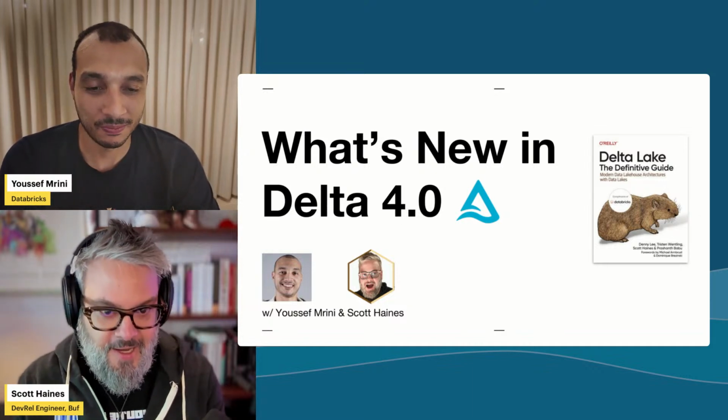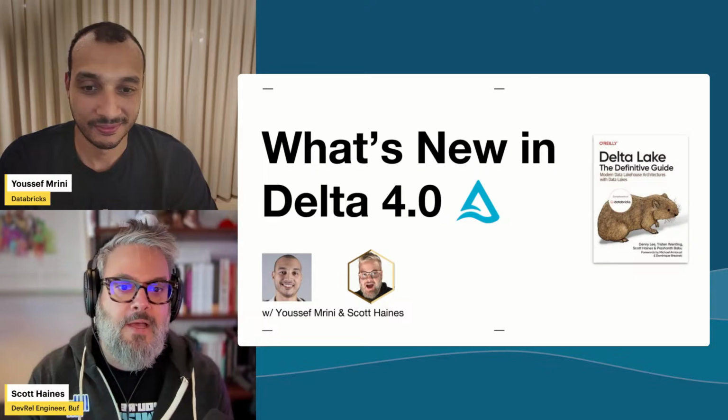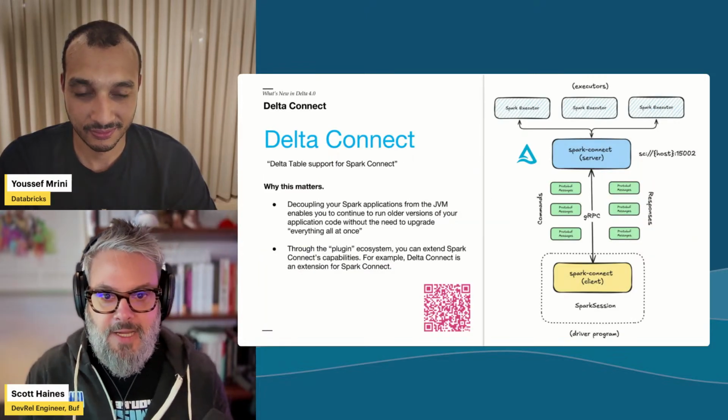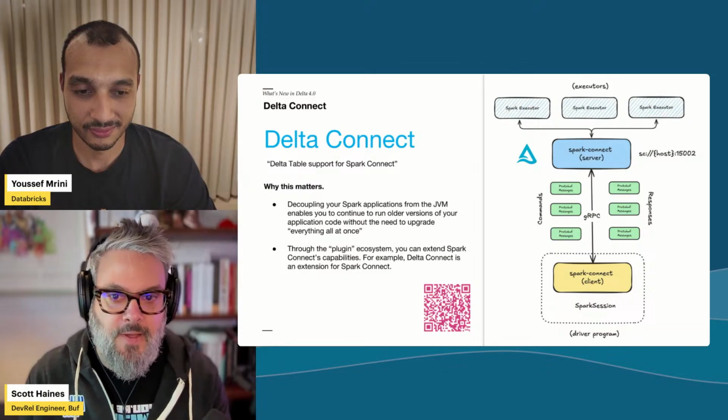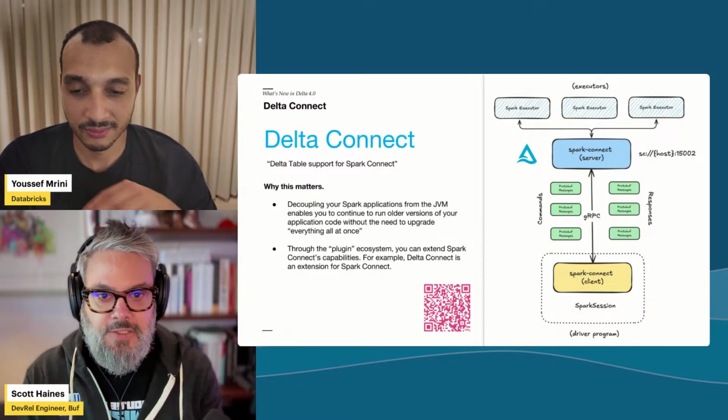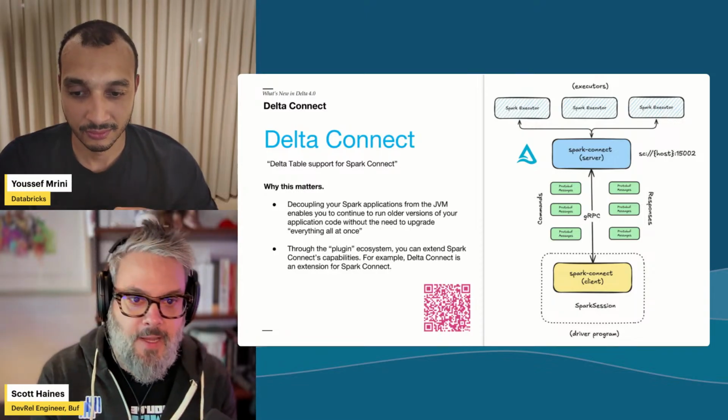So I guess we'll go directly into the slides now, starting off with Delta Connect. People have talked about Delta Connect before, kind of in passing, because this has been essentially in preview for a while. Delta Connect is essentially just a plugin on top of Spark Connect.